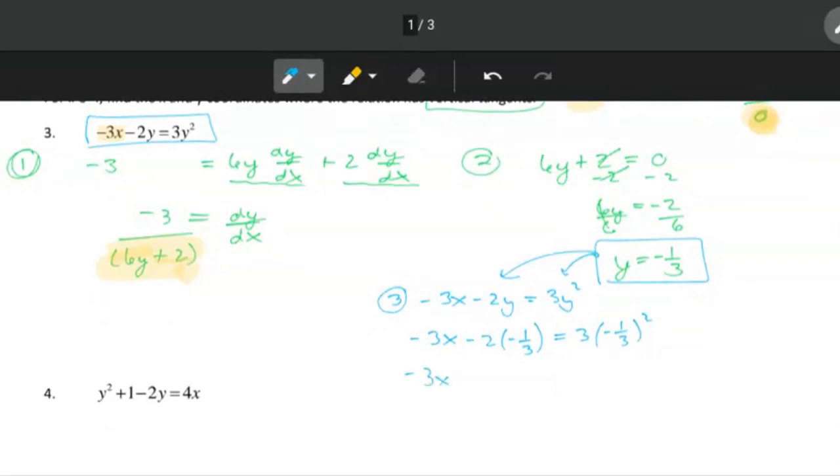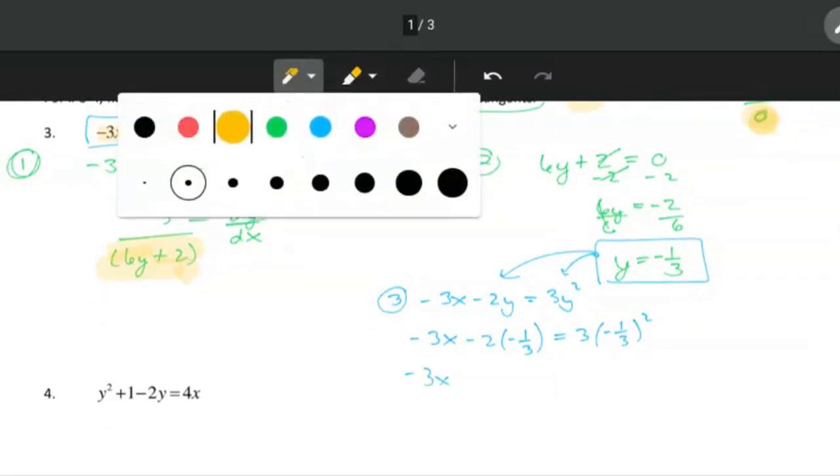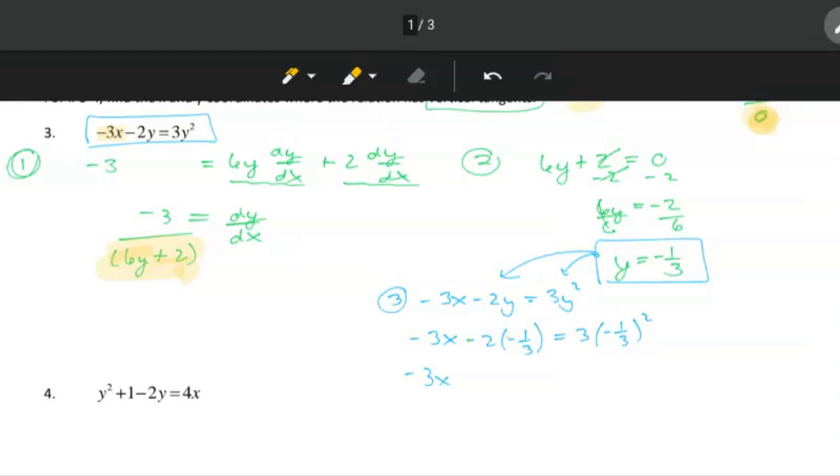So we get -3x. The double negative definitely turns to a positive here. And we could call this 2/1. So we'd get plus 2/3 equals over here. A negative squared is a positive. So we're going to get 3 times 1/9.